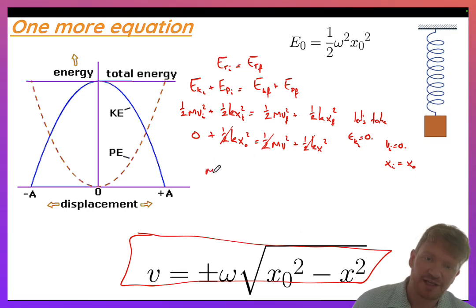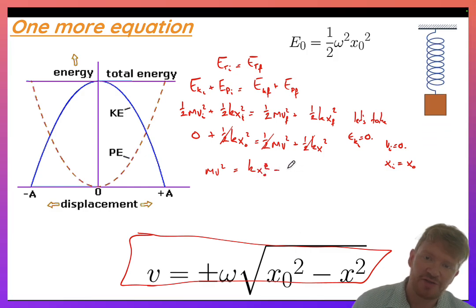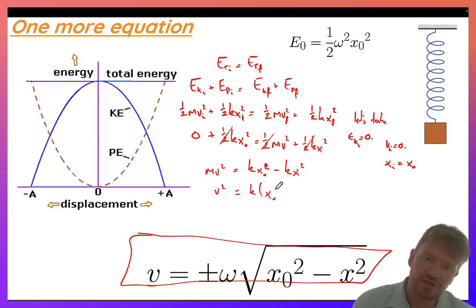So I can get mv squared is equal to k x naught squared minus kx squared. Let's collect the terms. I can say v squared is equal to k lots of x naught squared minus x squared.